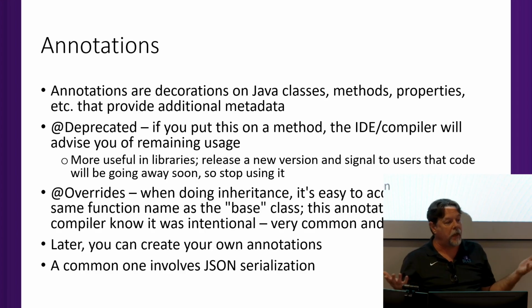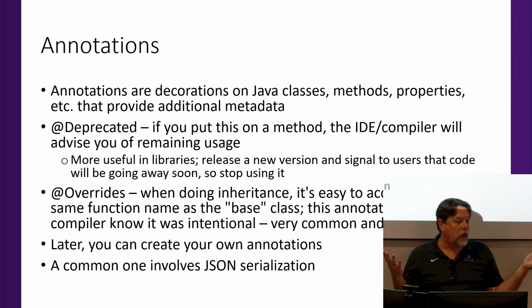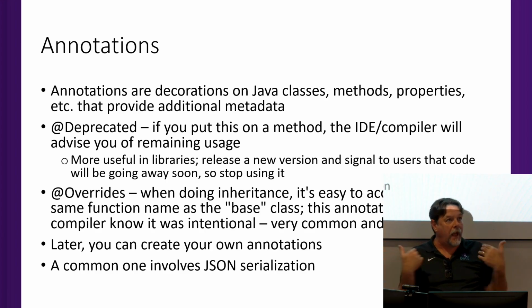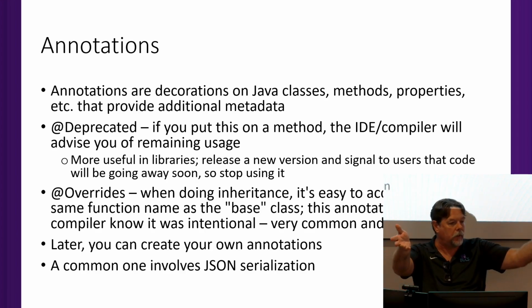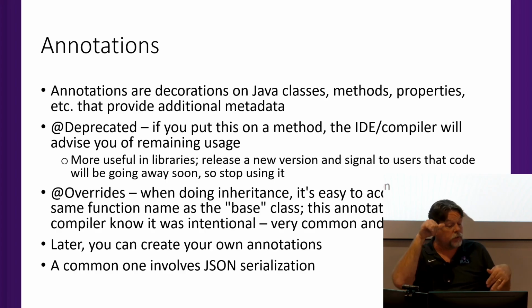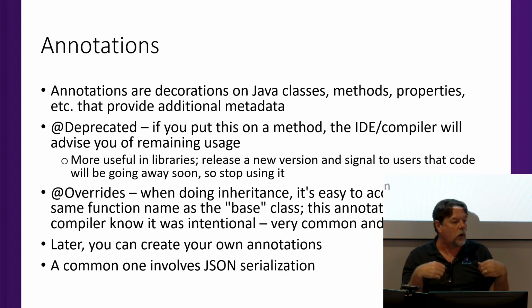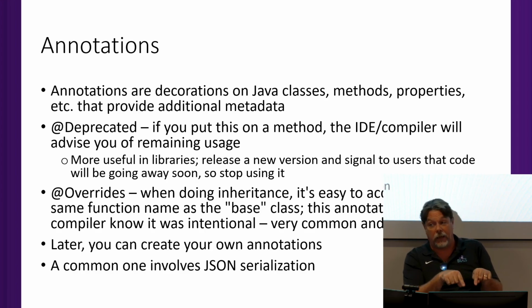So if I have a method or a property of a class and I put this little @deprecated on it, everything still compiles just fine. But as I compile my code and give my code to other people and they're compiling their code that uses it, the compiler will start issuing warnings saying, hey, by the way, you're calling this function that's deprecated.